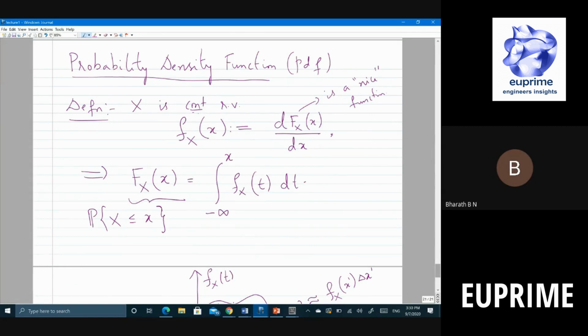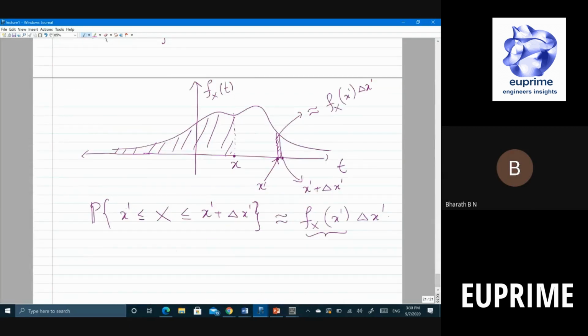What it essentially says is that if the probability of a particular x dash is non-zero, whenever there is a jump, even for a continuous random variable, then you cannot have a density. That's what it says.